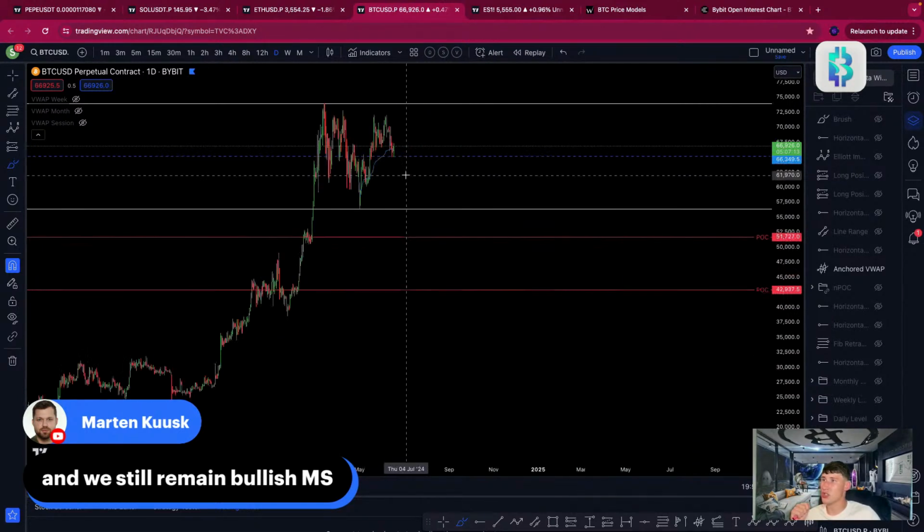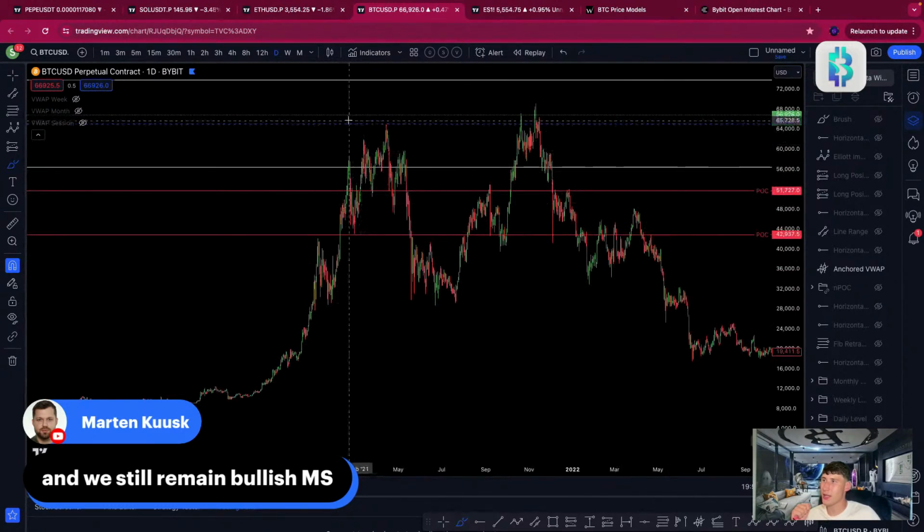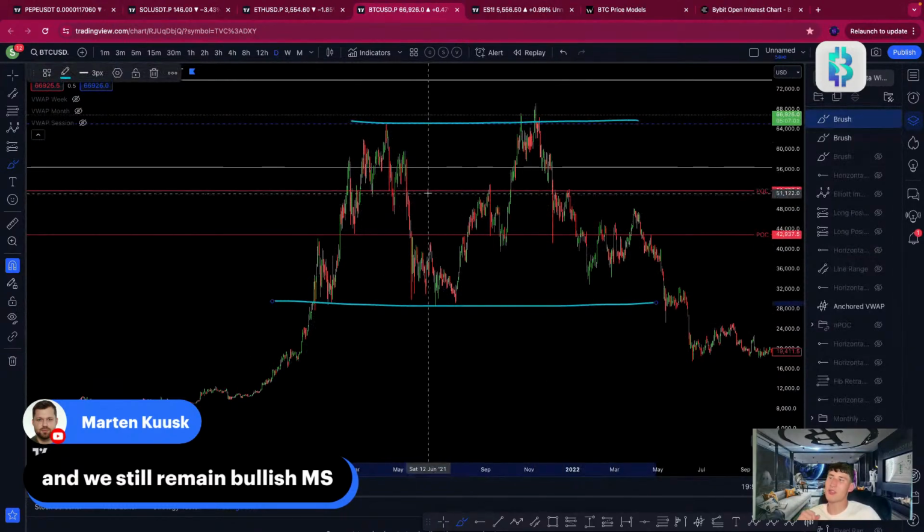I like seeing this price action. First of all, it's nice big range-bound price action, but it also gives us so many opportunities.